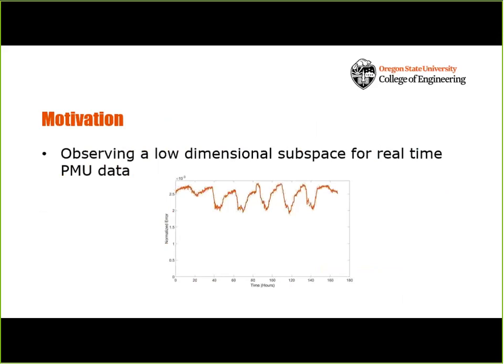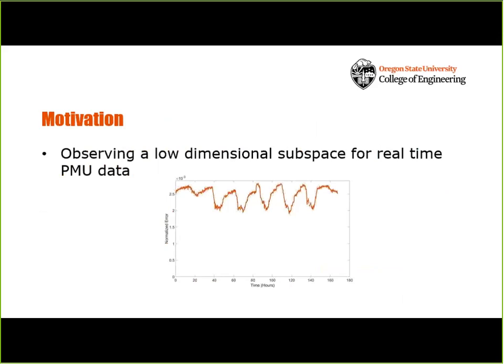Initially, we did a small experiment to see how this low-dimensional subspace, characterized by the dominant eigenvectors of the covariance matrix of the measurements collected over time, varies over time. We collected PMU measurements from the OSU campus power grid from 5 PMUs over 1 week.